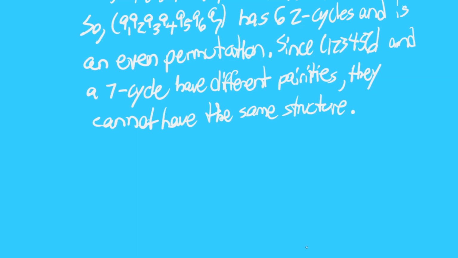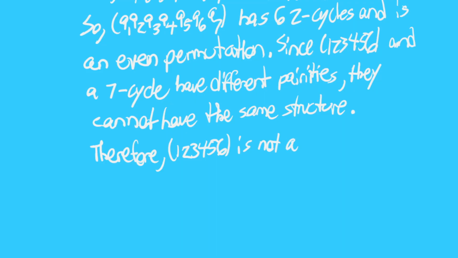So therefore (1 2 3 4 5 6) is not a product of 7 cycles, as desired.